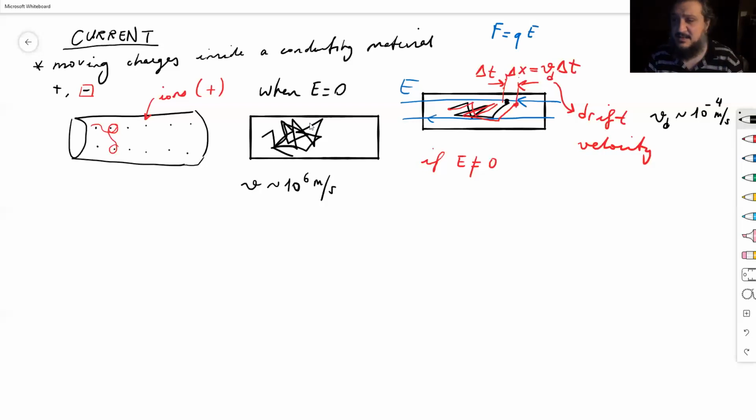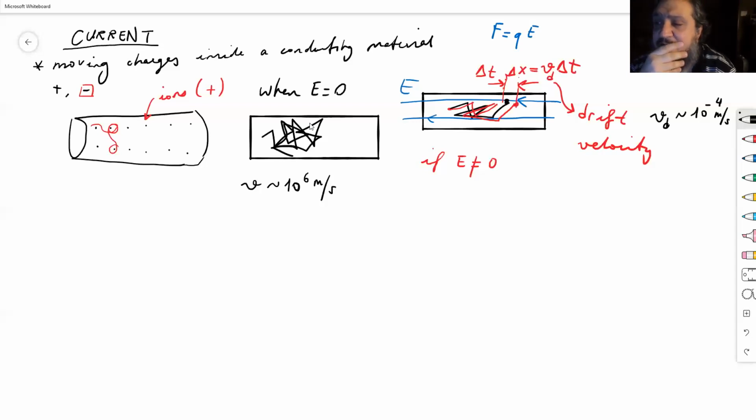Very fast. So almost instantly, you're telling all of the free electrons, the charge carriers in that metal, to move. So it's a shift of these charges. That's what we call a current. That's what a current is.